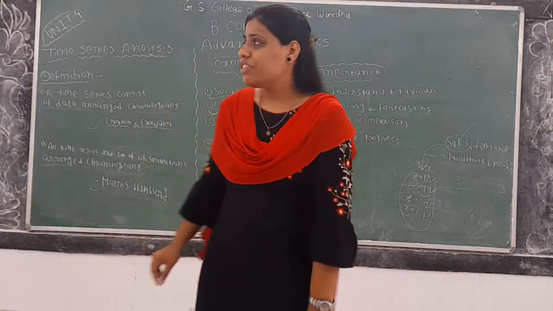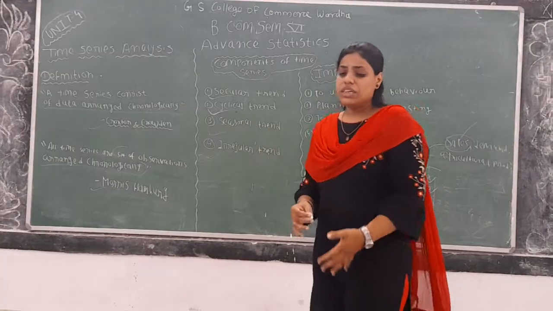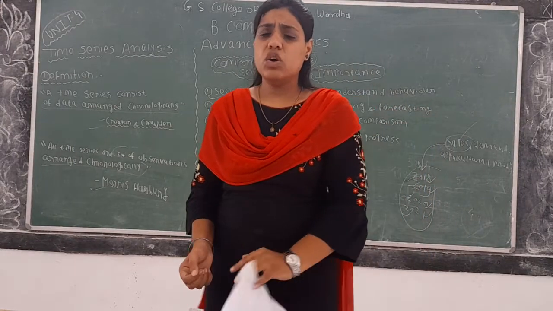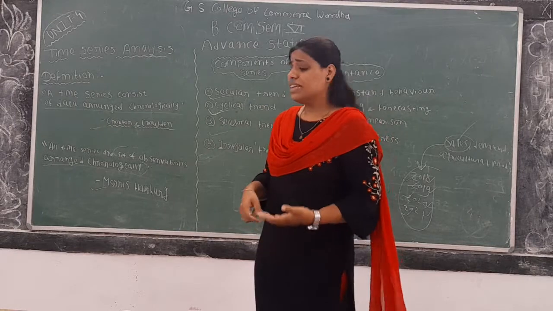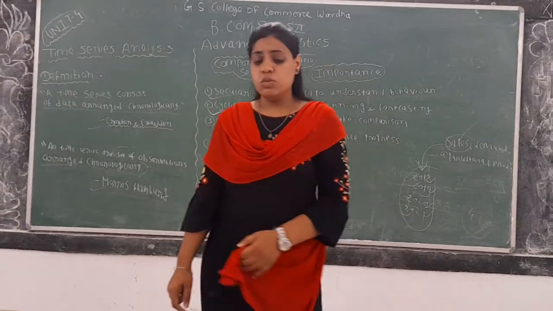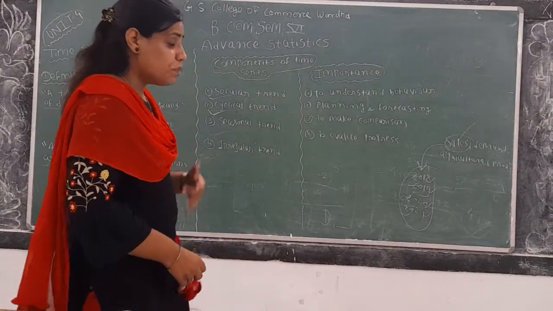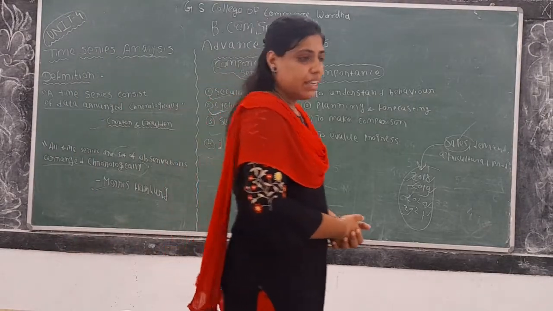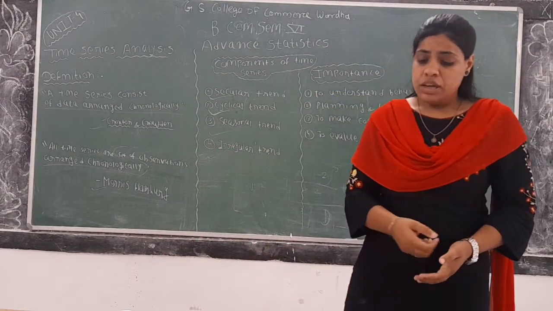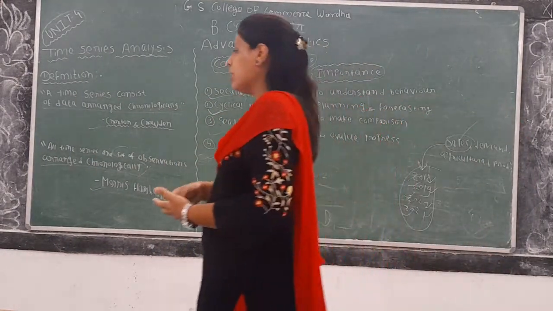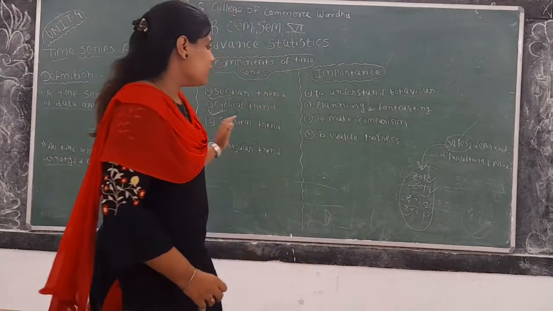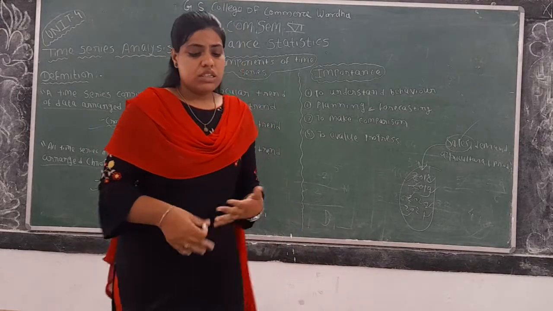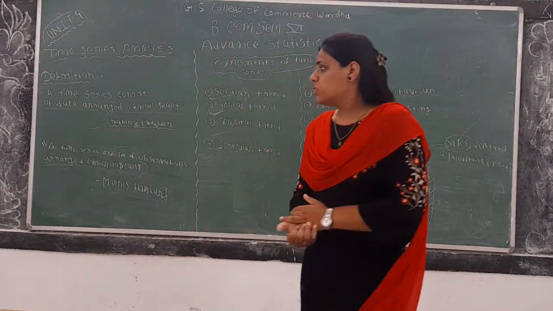After that we have seasonal trend. Okay, so what is basically the seasonal trend? When we talk about the seasonal trend, there are certain items which change periodically in every year, periodically in every season, and these changes may be due to natural conditions.